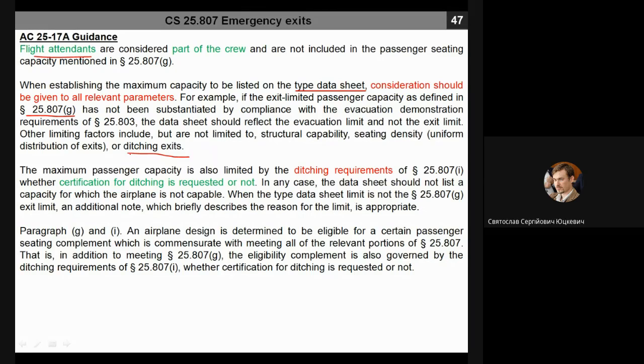In an incident landing on land you could, but in the water you couldn't use them. So that's why it will be an additional limitation. So an under-waterline door will be a restriction for the determination of the total number of passengers on board.